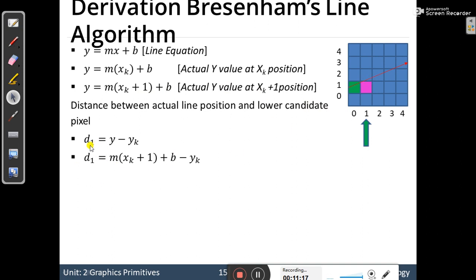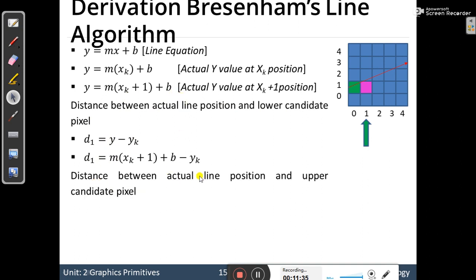So d1, the distance between the actual line position and the lower candidate, is calculated by y minus yk. y is the actual line, yk is the candidate pixel. Then d1 equals this, and we can replace y by this equation. Now the distance between the actual line position and the upper candidate pixel: we can put yk plus 1, because initially this one is yk and this one is yk plus 1, and we put the equation of y here.